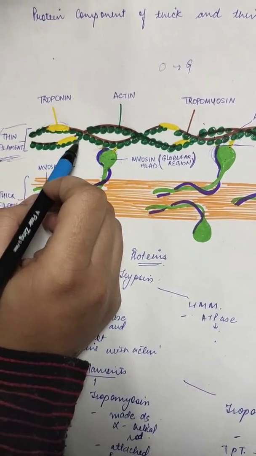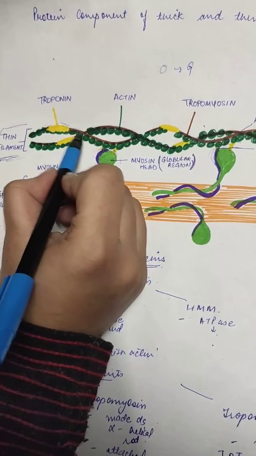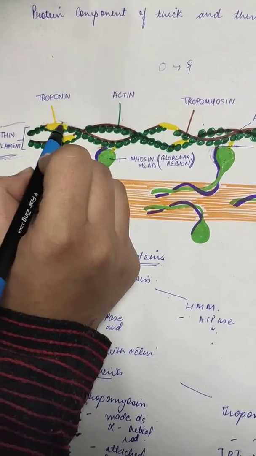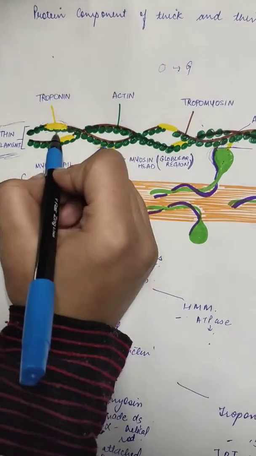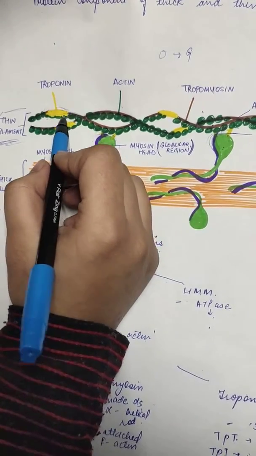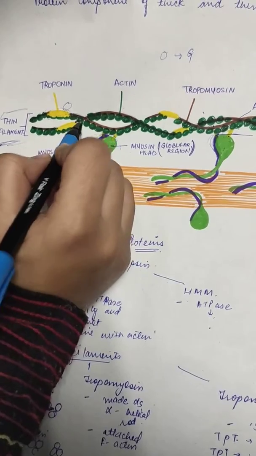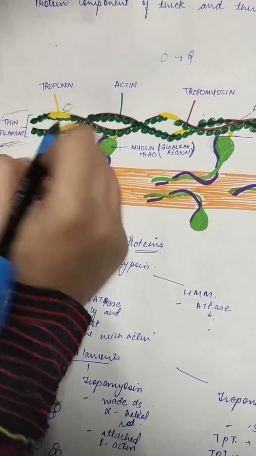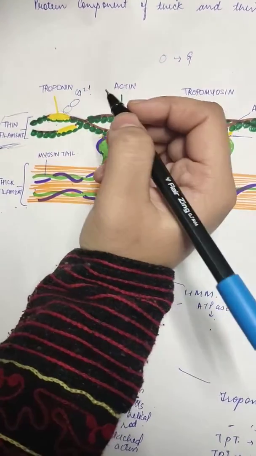The first one is TPT, that binds to the tropomyosin here. The second one is TPI, that inhibits the F-actin myosin interaction. It does not bind with F-actin here. The last one is TPC, above it, that binds with calcium.